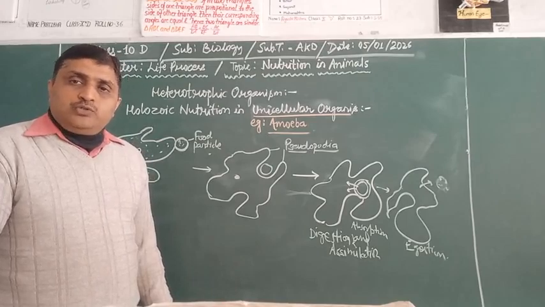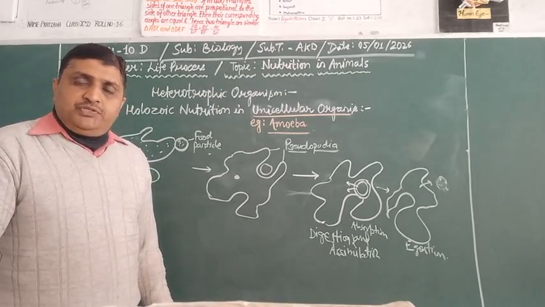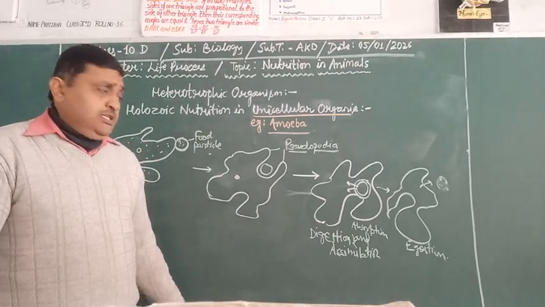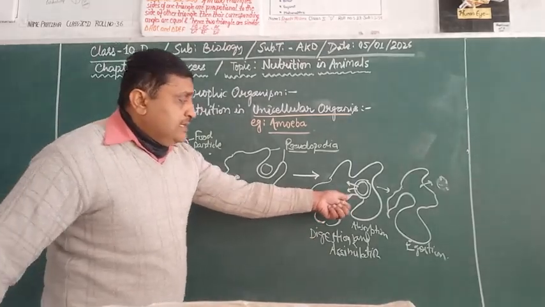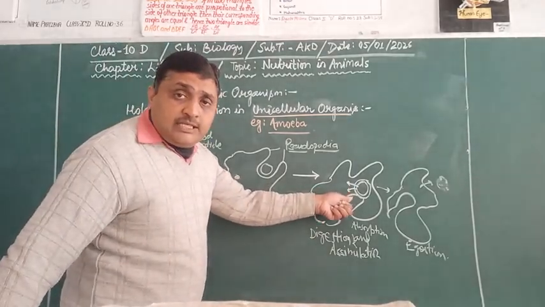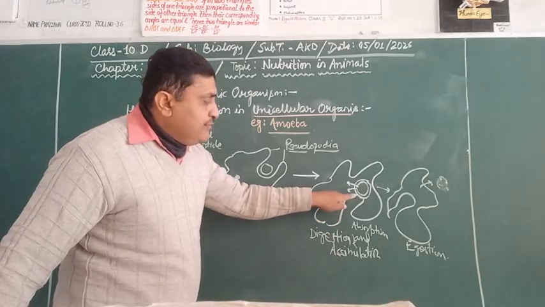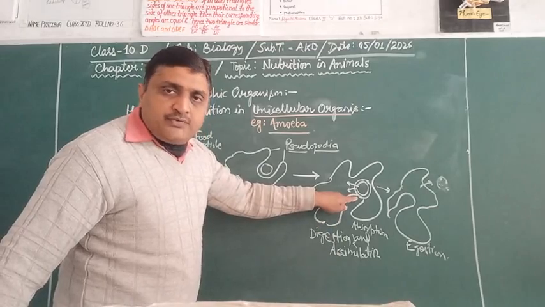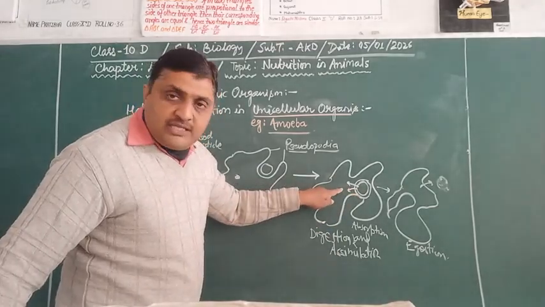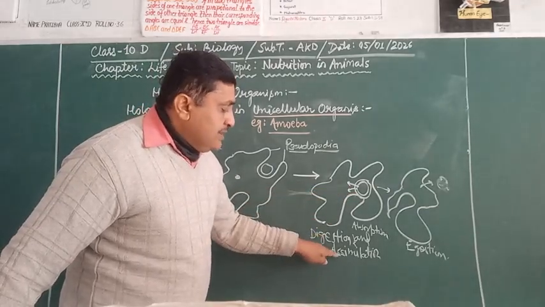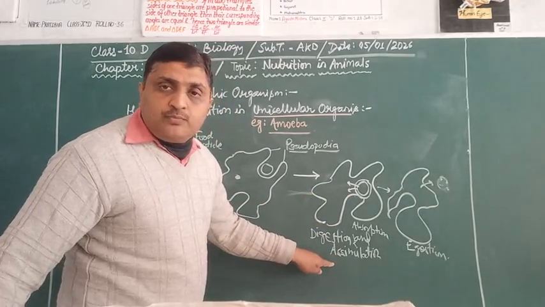holozoic nutrition in a unicellular organism. First there is the ingestion process. After the ingestion there is the digestion process. With the help of digestive enzymes the food material is digested. After the digestion the food material is absorbed by the cells and utilized to produce energy.